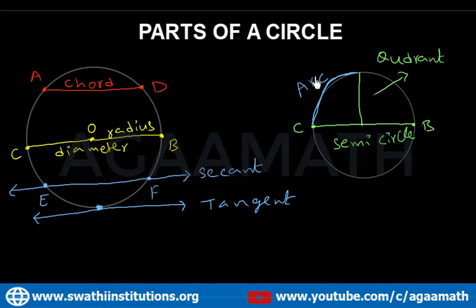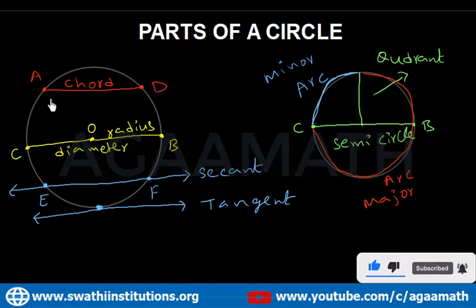This is a smaller part, and the remaining part of the circle, like this, is also an arc. This bigger arc is called the major arc, and this smaller arc is called the minor arc. So, major arc and minor arc.